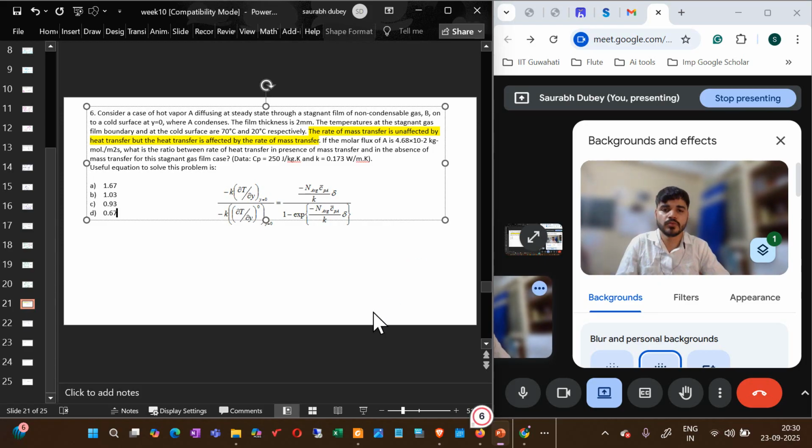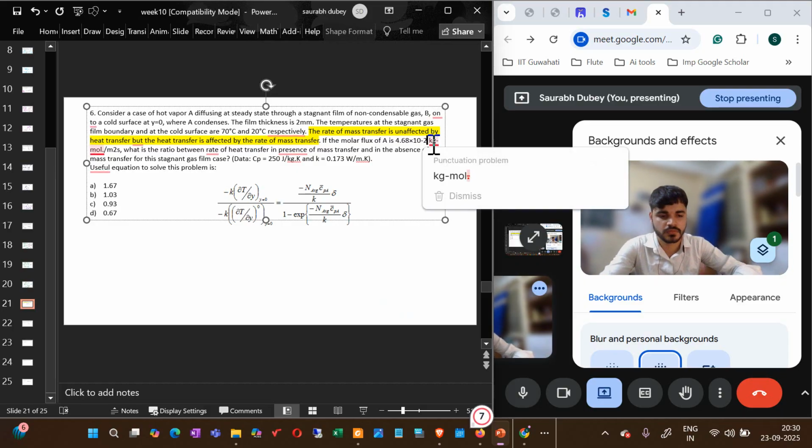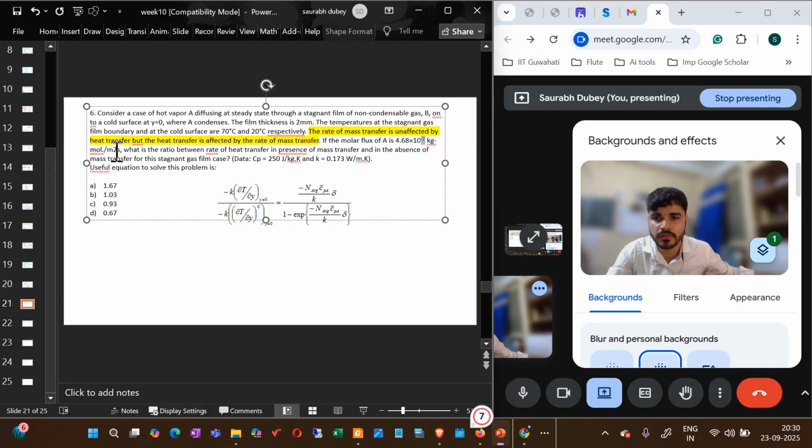If the molar flux of A is this, what is the ratio between the rate of heat transfer in the presence of mass transfer and in the absence of mass transfer for the stagnant gas phase?